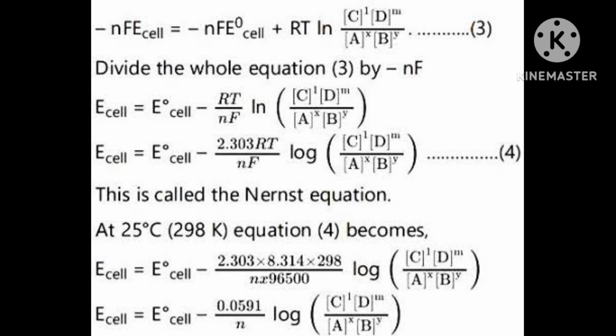Here all data values are given: RT upon 2F ln Mg2+ divided by Ag+ power 2, because two Ag are there. And here you are writing minus RT/nF, because you have reversed it. What was the original term?